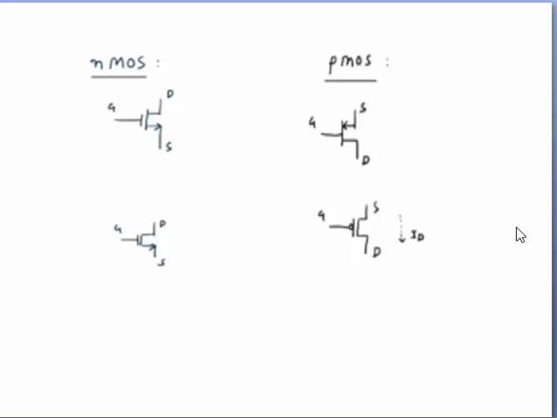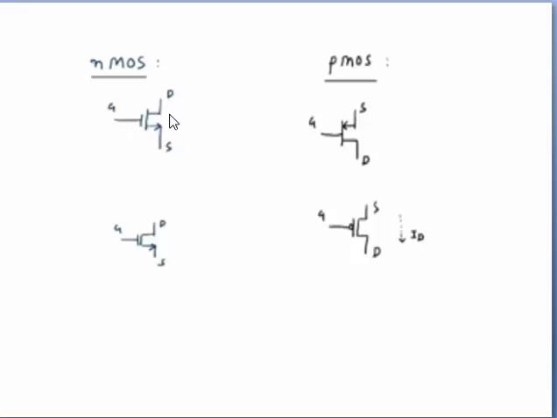The first symbol is the basic symbol. You can see the three terminals of the MOSFET: gate, drain and source. It is a three-terminal device, and at the input side we have VGS, the voltage between gate and source.